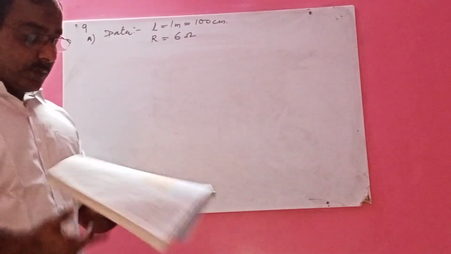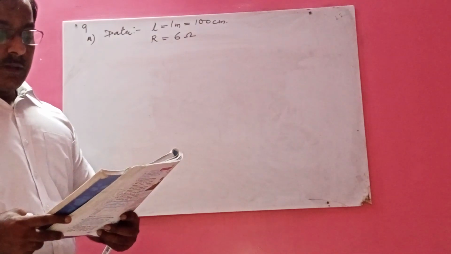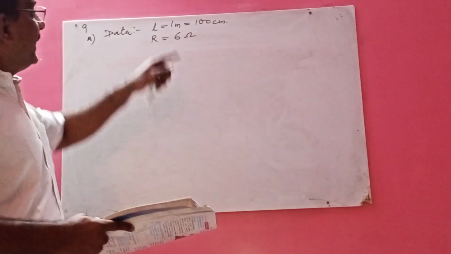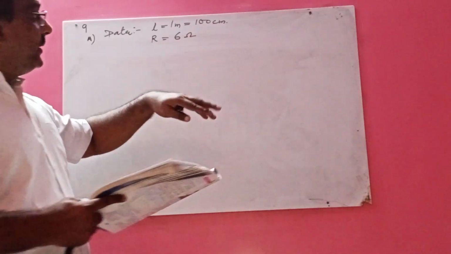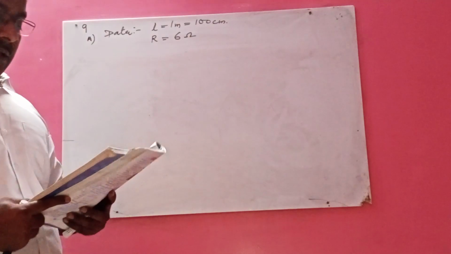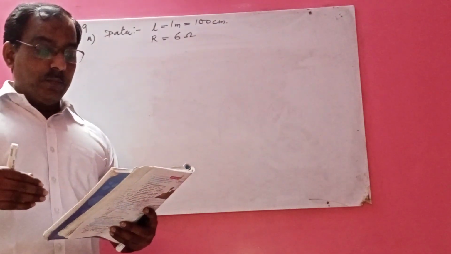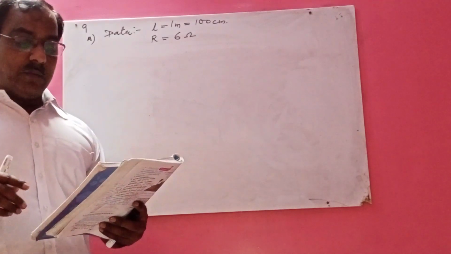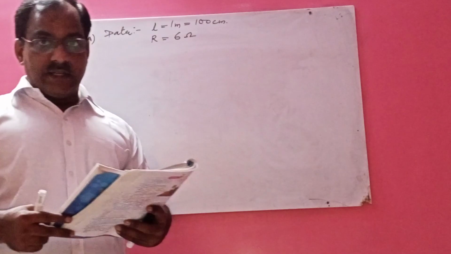Okay, R is equal to 6 ohm, and if this length is reduced by 70 centimeter. If we reduce the length of the wire to 70 centimeter, what will be its resistance?